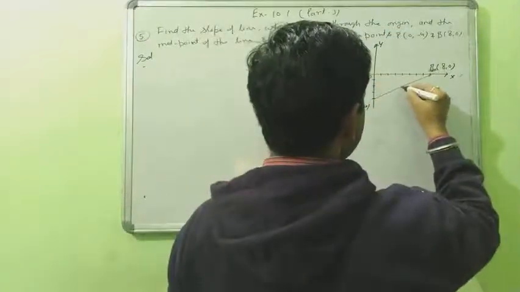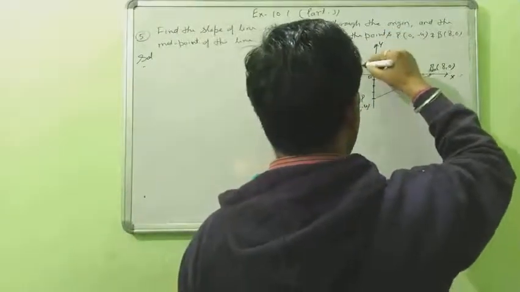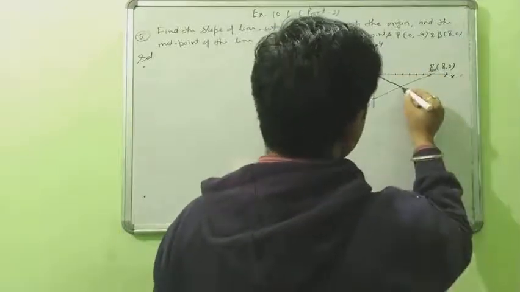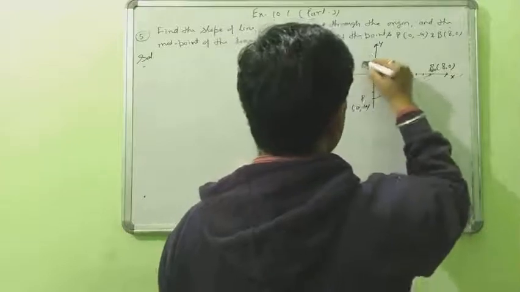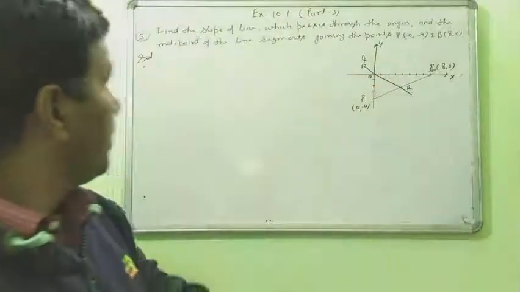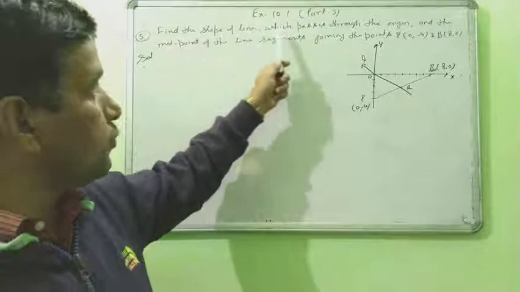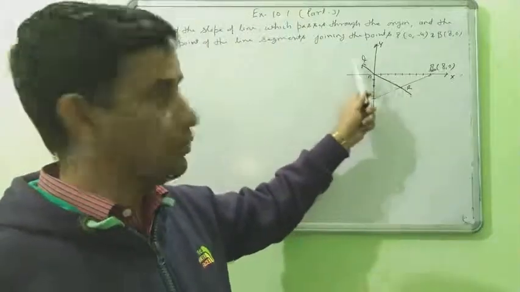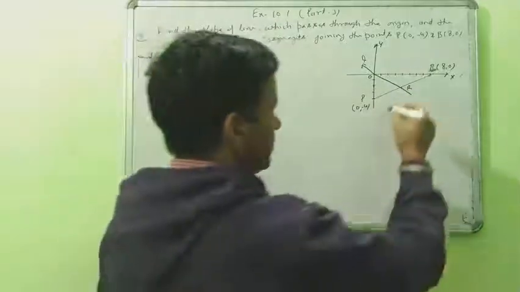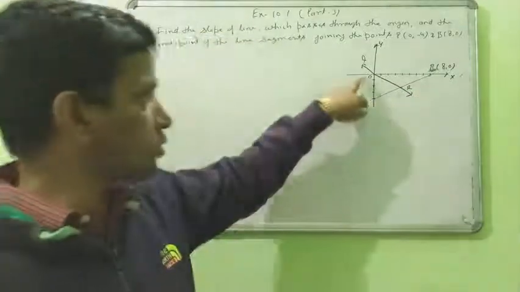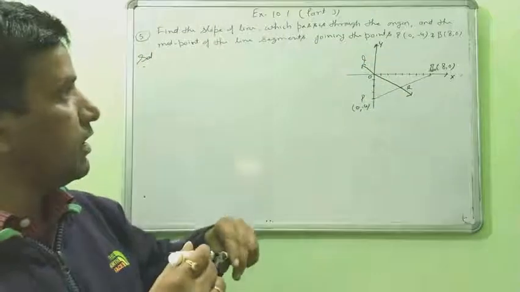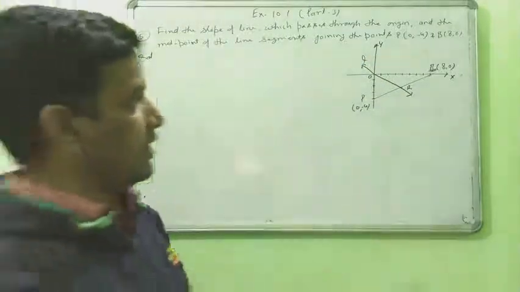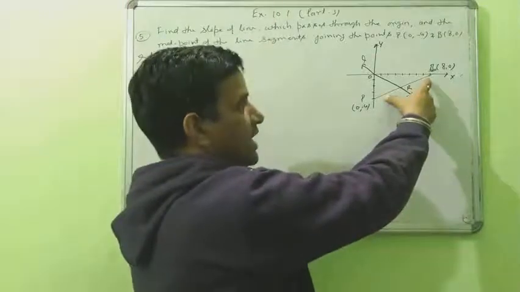This is the midpoint, this point is R, and the name of this line is L. To find the slope of the line which passes through the origin, you will find the slope of this line, because this line passes through the origin and the midpoint of the line segment PB.